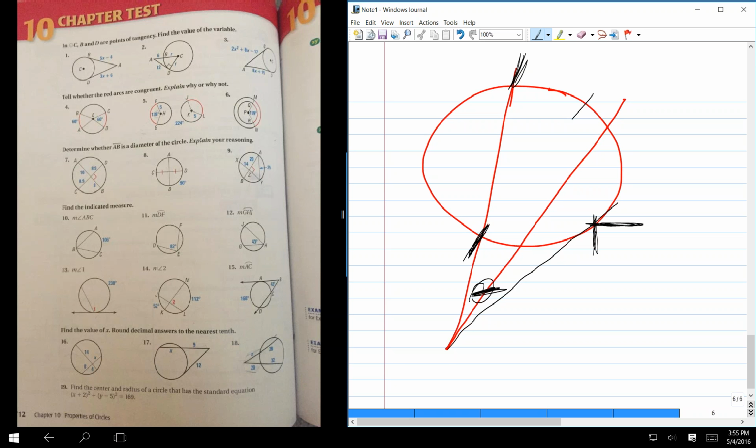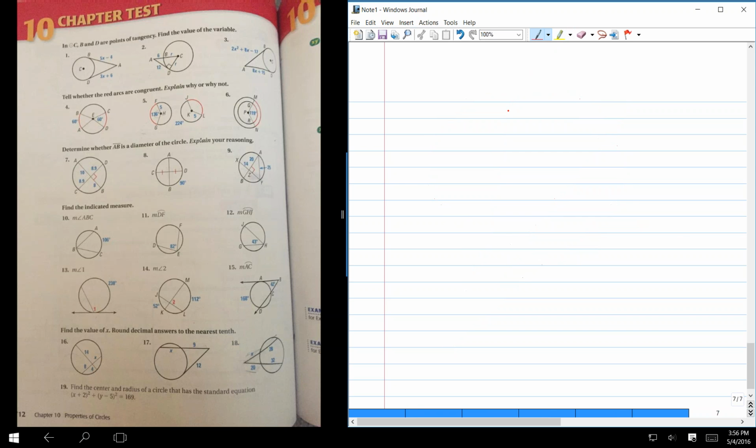Half of that. Yeah. What do you get? So 168. You said it exactly right. 168 minus x, which we're trying to figure out, the measurement of arc AC, divided by 2 has to equal 42.